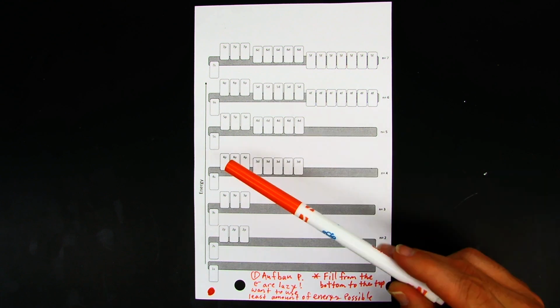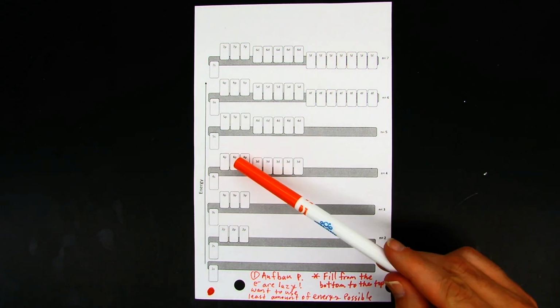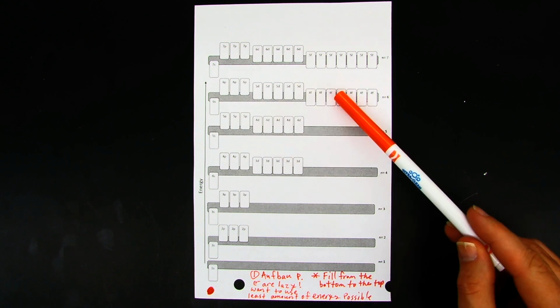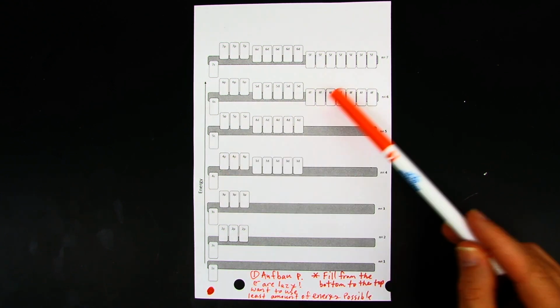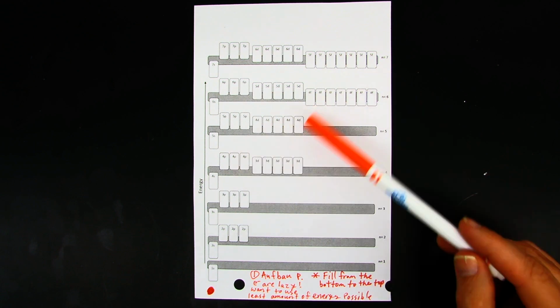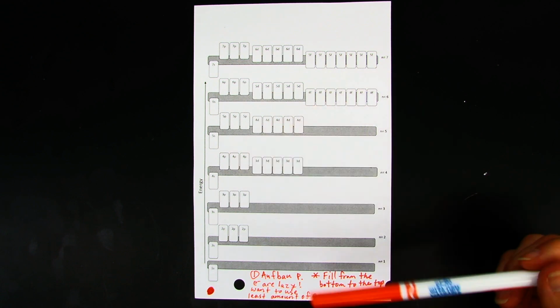And then n equals 4 has 4 sublevels. You can see 1, 2, 3, and 4. You want to look at that and keep that straight.